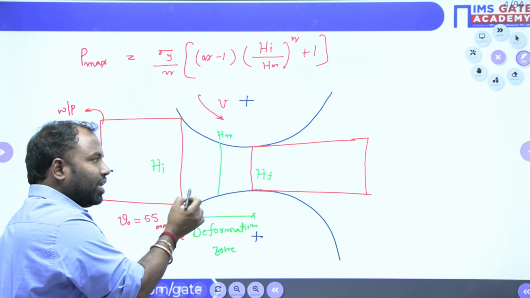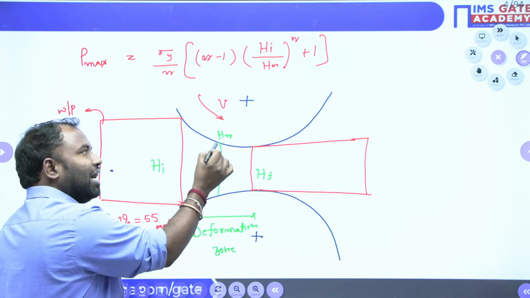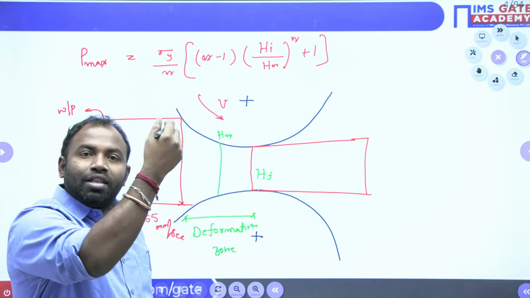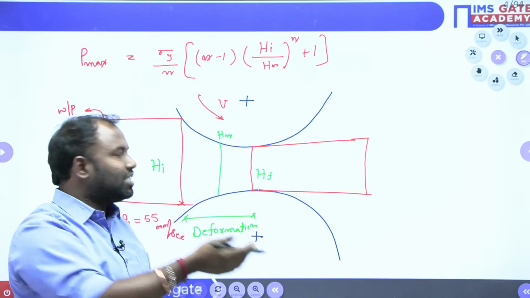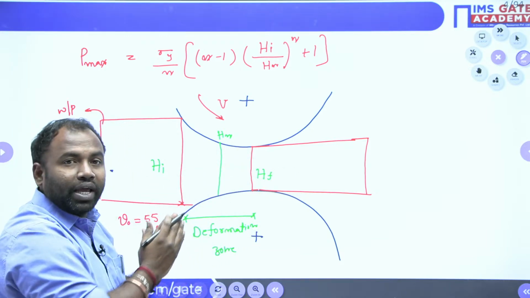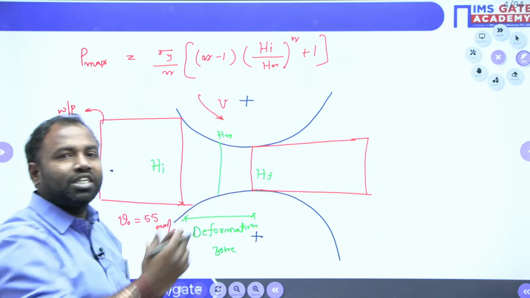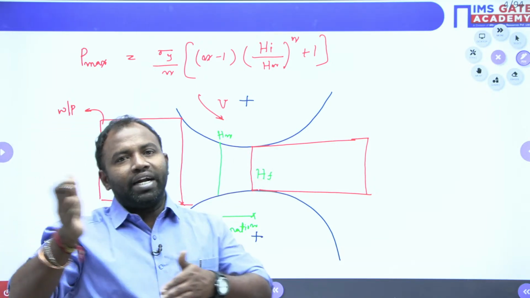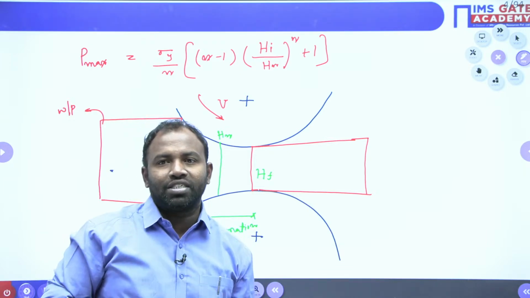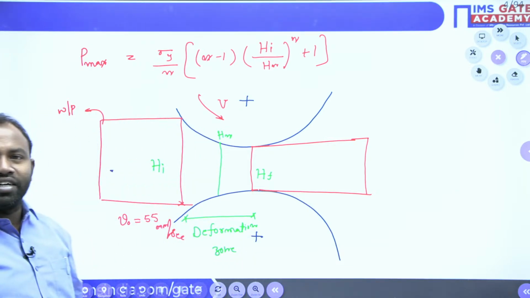As the rolling progresses, the pressure increases and reaches a maximum at the neutral plane, and beyond the neutral plane the pressure again decreases. But entry pressure and exit pressure are different. Entry pressure is 0 and exit pressure is more than the entry pressure. Clear everybody, guys?